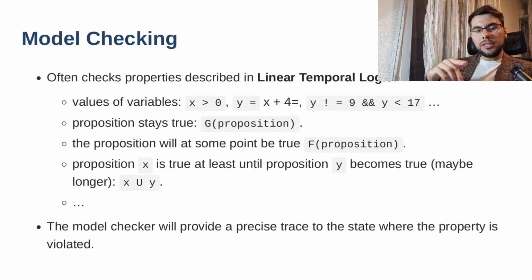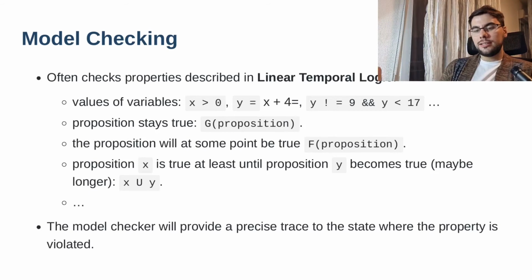Okay, now imagine that we've managed to describe a system as a finite transition system and label each state with some properties, like the values of variables. Then our program all of a sudden becomes fully analyzable.